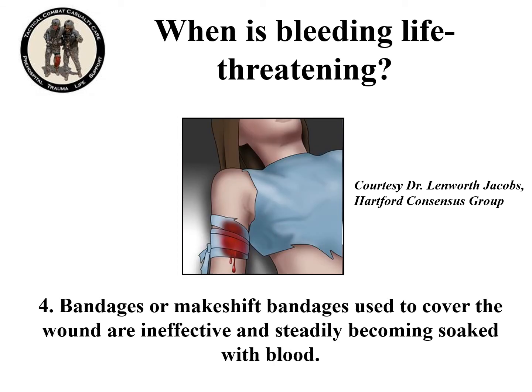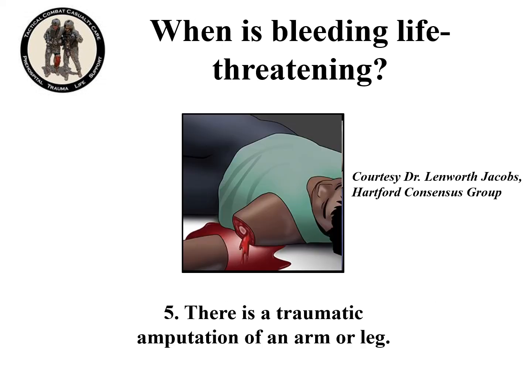Bandages or makeshift bandages used to cover the wound are ineffective and steadily becoming soaked with blood. And of course, if there is a traumatic amputation of an arm or leg, this is 100% life-threatening bleeding.